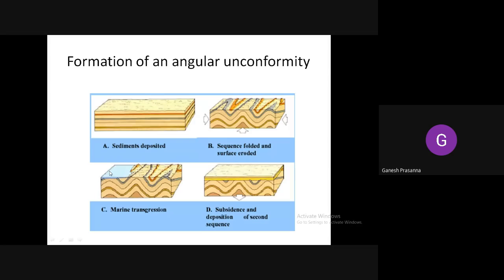Once the water intrudes into the folding area, it brings newer sediments. The top surface is removed and deposited with newer sediments, leaving behind the older sediments at the bottom. The older sediments are usually angular in nature. So this is one way the angular unconformity is formed.